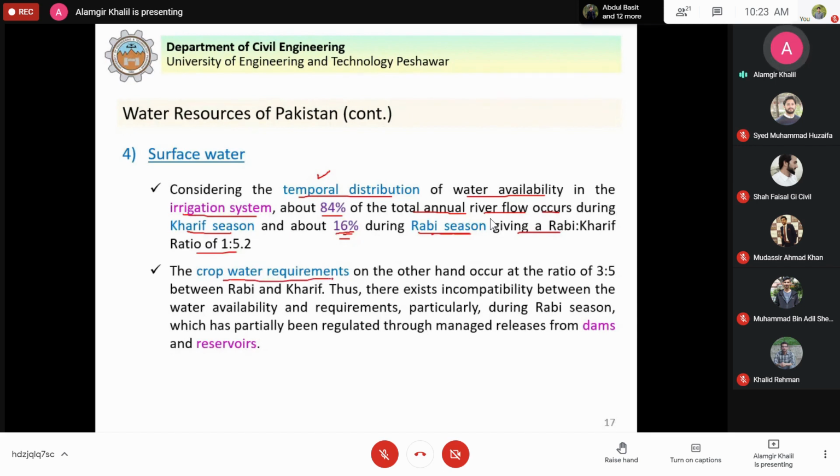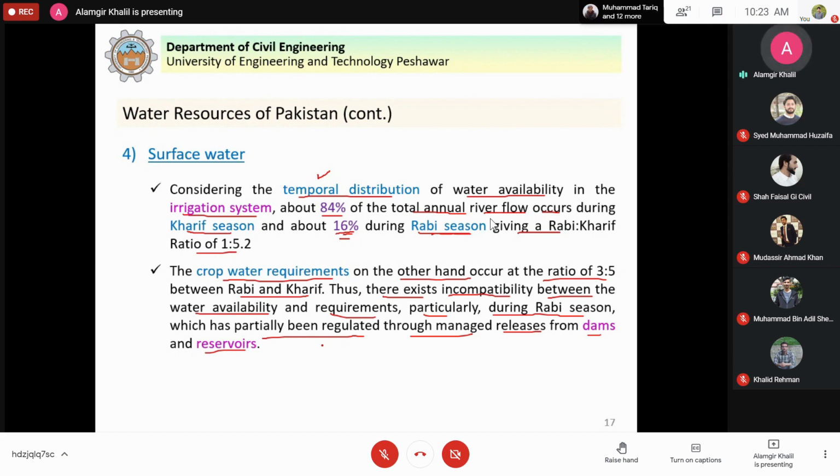The crop water requirements, on the other hand, occur in the ratio of 3 to 5 between Rabi and Kharif. This is the crop water requirements, the crops that we grow during the Rabi and Kharif seasons. Thus, there exists incompatibility between the water availability and the requirements, particularly during Rabi season, which has partially been regulated through managed releases from the dams and other reservoirs.